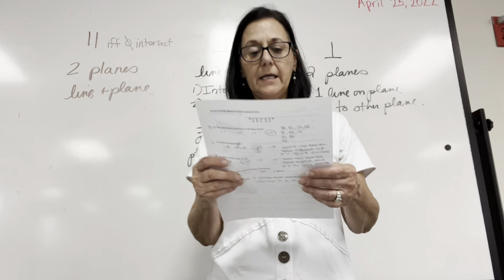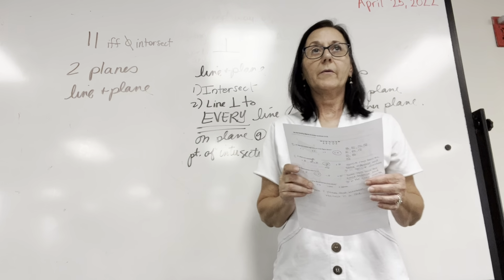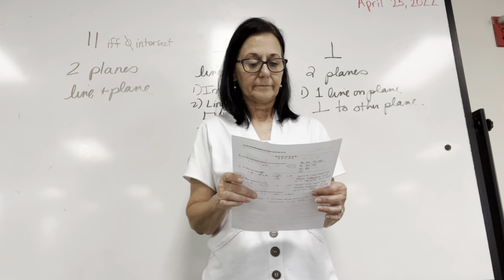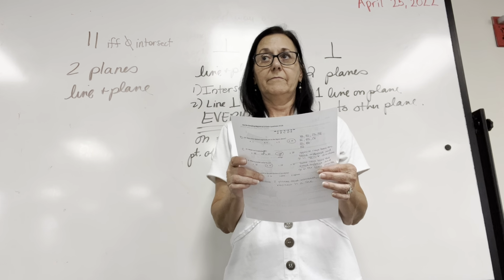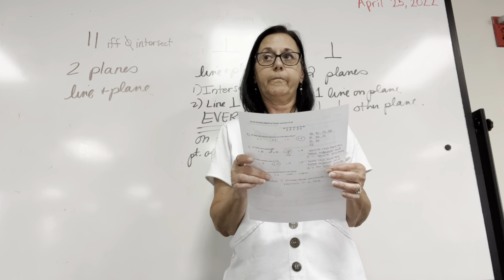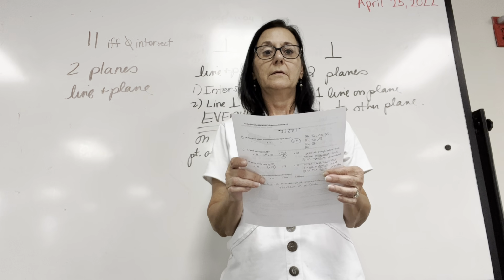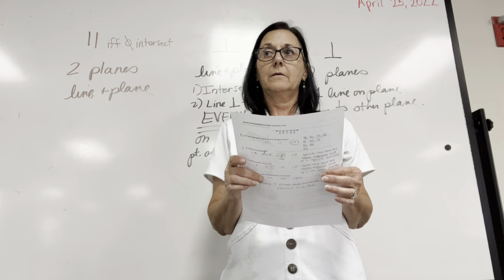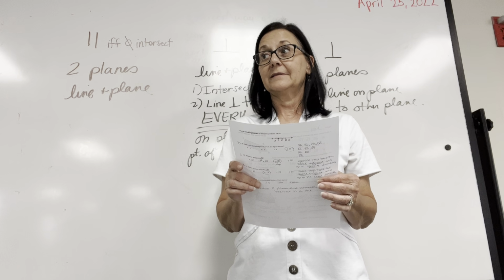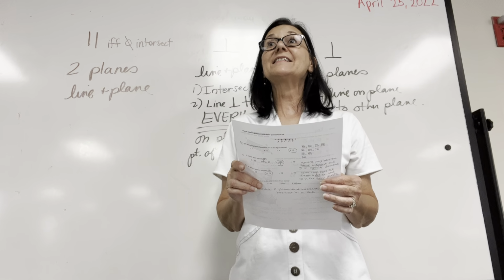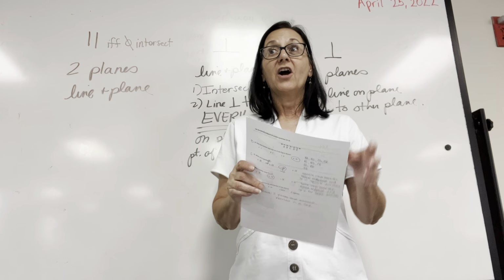Can we say lines are parallel if they don't exist on the same plane? I think so. Because all that's required is that they never intersect, right? No. What is the requirement for parallel lines? They have to lie on the same plane. Got it?